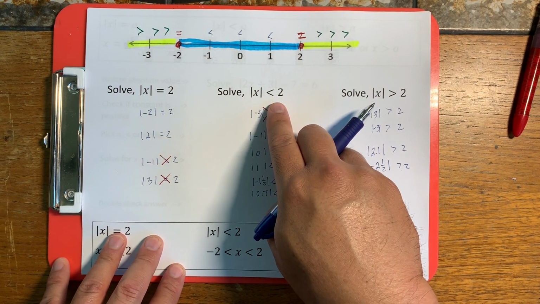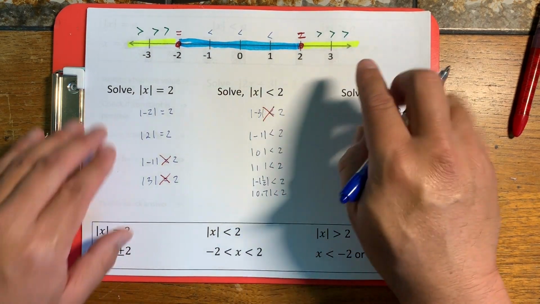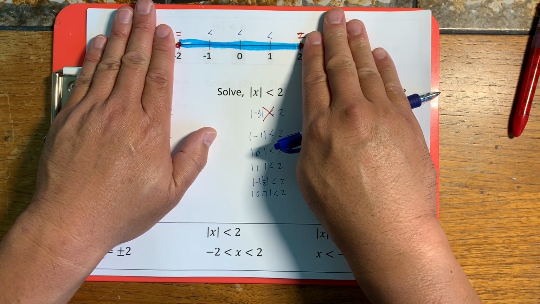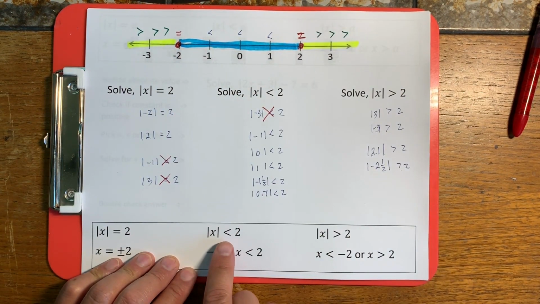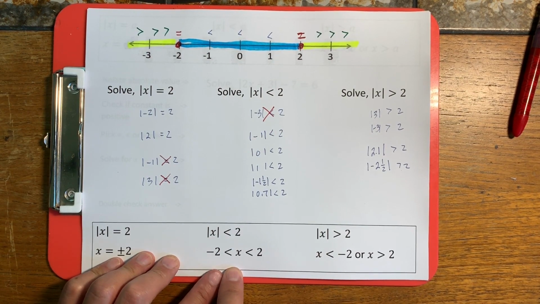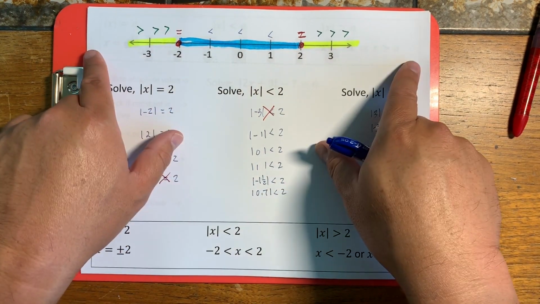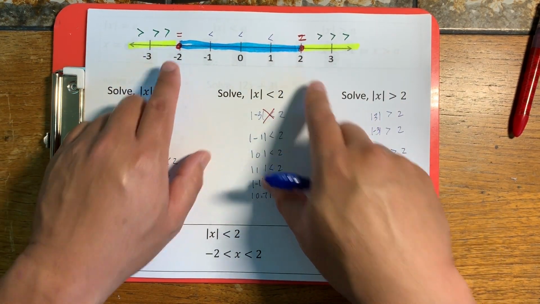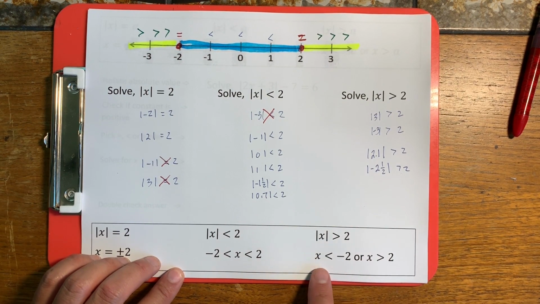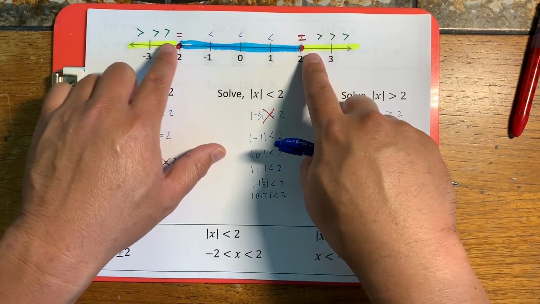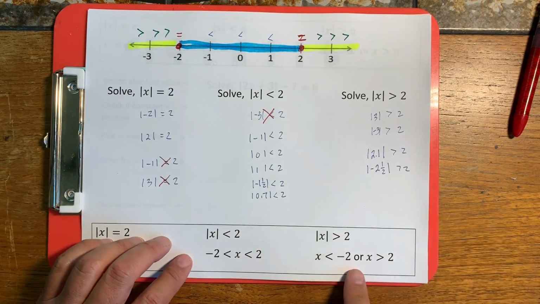Over here, we see that |x| less than 2 will give me the middle interval between negative 2 and positive 2. So we can rewrite this like that. And we could see that greater than gives me everything that's outside of the negative 2 and 2. So we can rewrite this as x less than negative 2 or x greater than 2, right? x less than negative 2, x greater than 2. And since these two intervals are not connected, we put an or in between them.